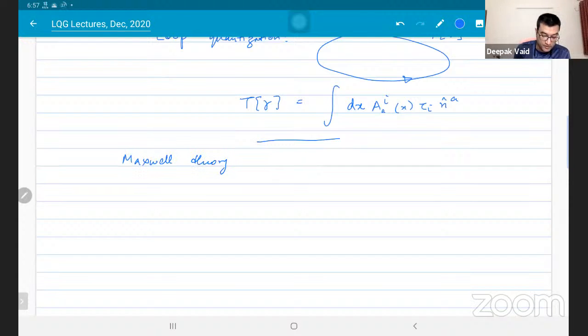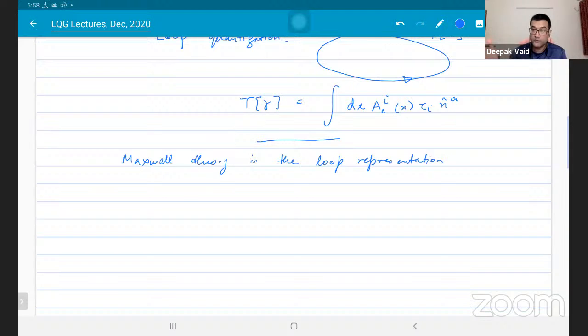Maxwell theory in the loop representation, right? So basically, one can ask this question: when you do the quantization of the electromagnetic field, you get this Fock space of harmonic oscillators. And the natural question is, can you relate the quantization done using these loop variables, and can you reconstruct it?